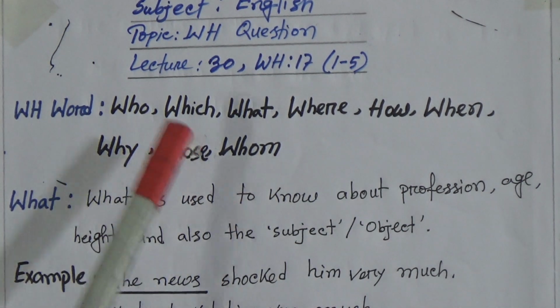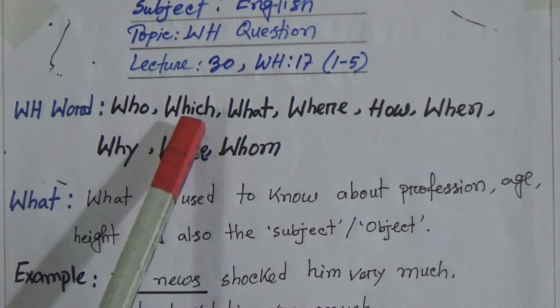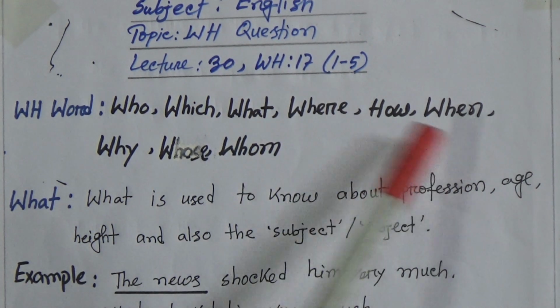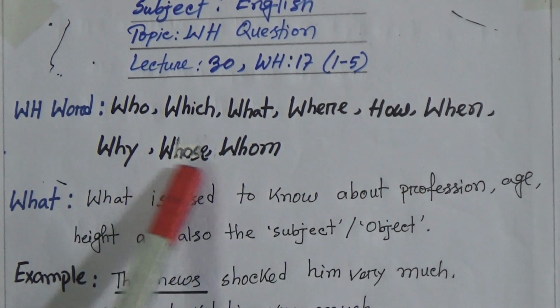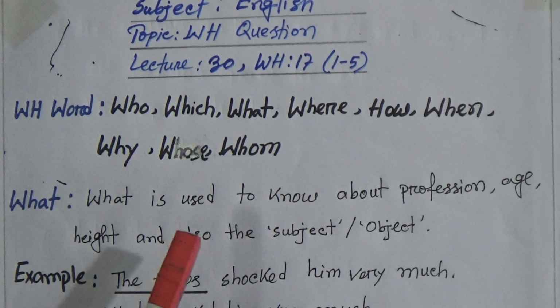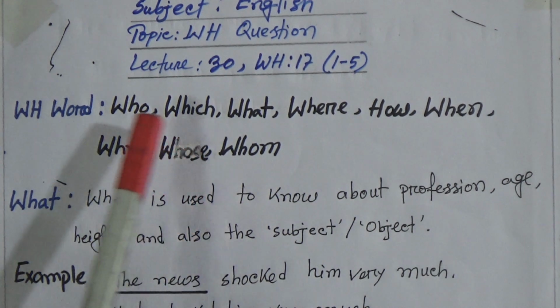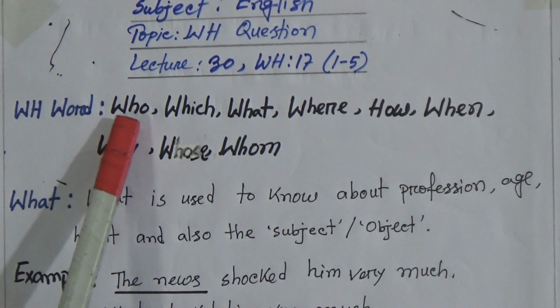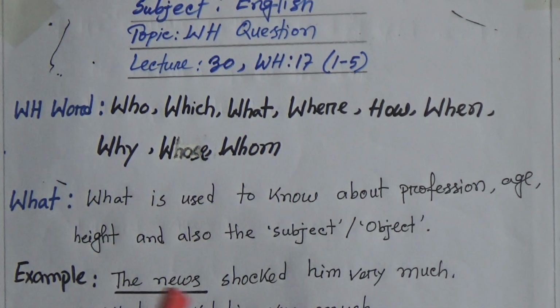Now we will read out the WH words: who, which, what, where, how, when, why, whose and whom. So these 9 words are called WH words, and if you notice carefully, you can see that W and H are visible in each of the words.